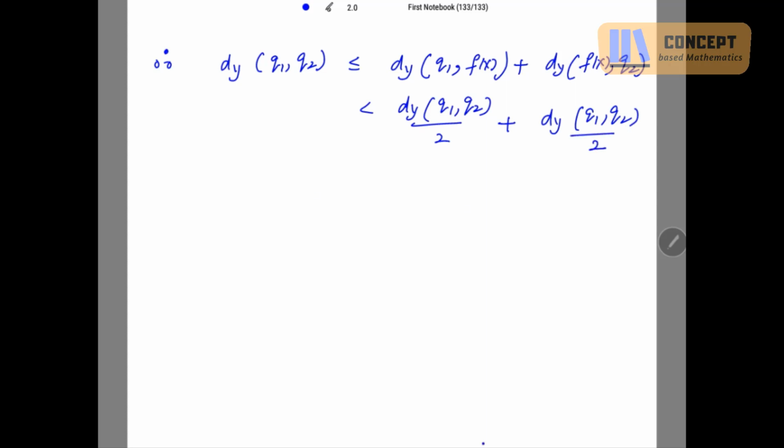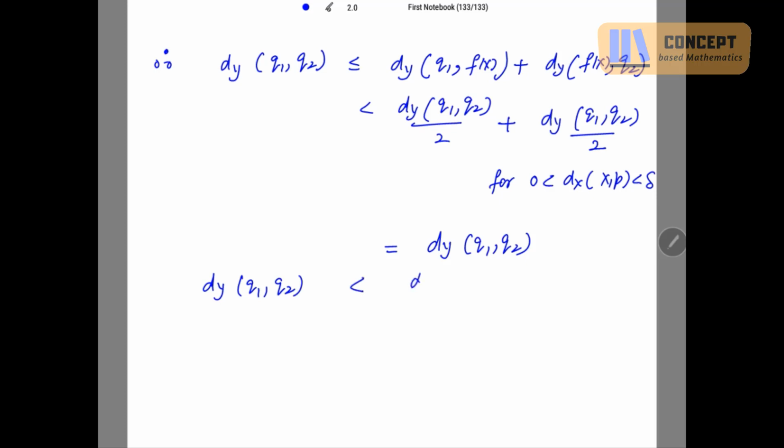For the distance in X of x comma p less than delta, now what is this equal to? If we add these two, I get the distance q1 comma q2. Is it possible that this distance q1 comma q2 is strictly less than the same distance q1 comma q2?